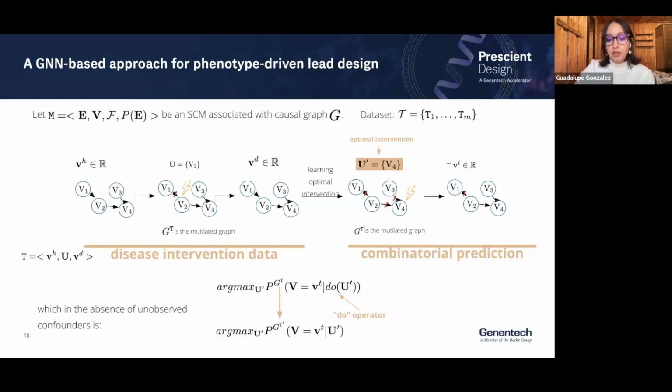And so this is just thanks to the theory on causal inference that says that this conditional probability is equal to this interventional probability in the absence of unobserved confounders.